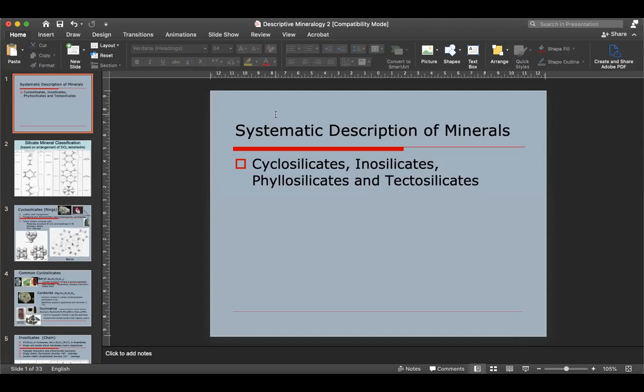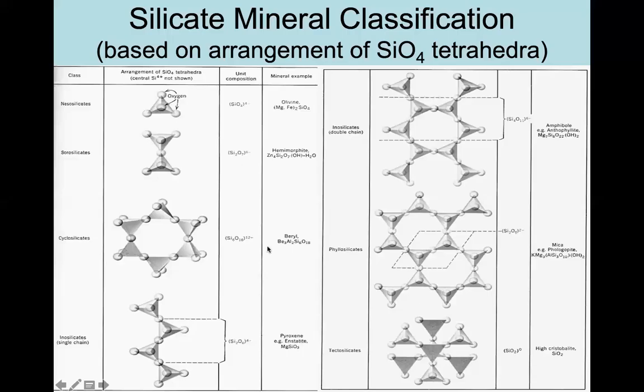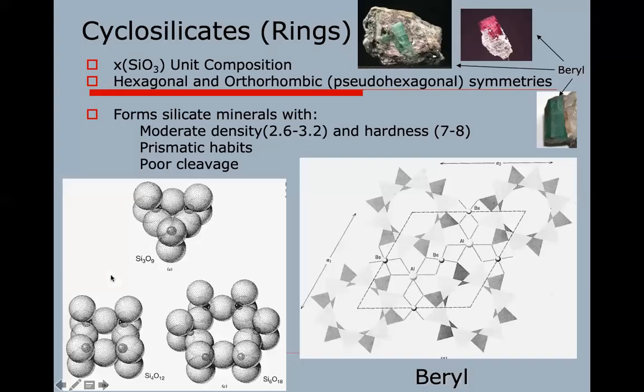Okay. So now we will move to the cyclosilicate part as well, because as you can see here, this is the type. Okay, ring type structure. They are rings actually, cyclosilicates.